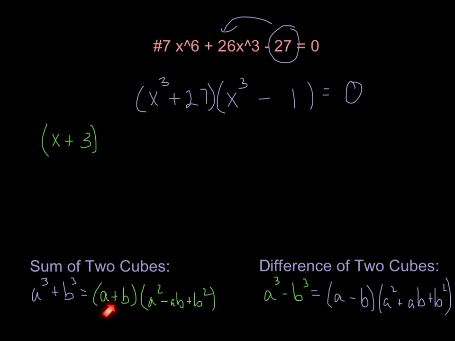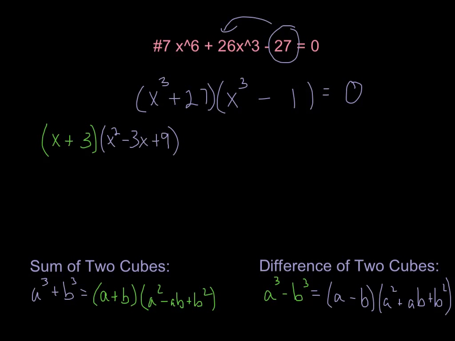That came from right here. Now, let's try this part. What you do is you square the first guy, so that'd be x squared. Then you subtract the product of both cube roots. x times 3 is just 3x. Then you square the second guy, so you square the 3, that's plus 9. Looky there. That's cute. That's cool.